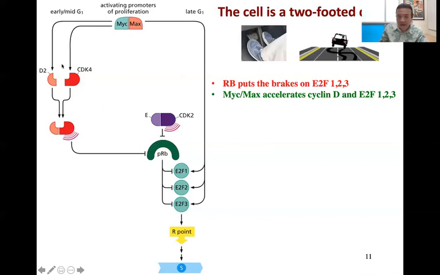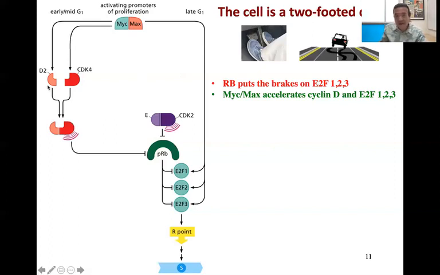So RB is also acted upon by cyclin D and CDK4. Those are the first cyclins and cyclin-dependent kinases at the start of G1 that begin building up and start encouraging RB, at first hypophosphorylating it so that it works, but then gradually hyperphosphorylating it as well.